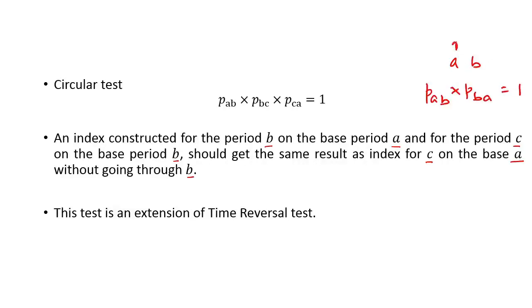If you denote A as 0 and B as 1, it is saying that P01 into P10 should be equal to 1. Now this is the time reversal test. So this circular test is just an extension of the time reversal test for more number of periods.